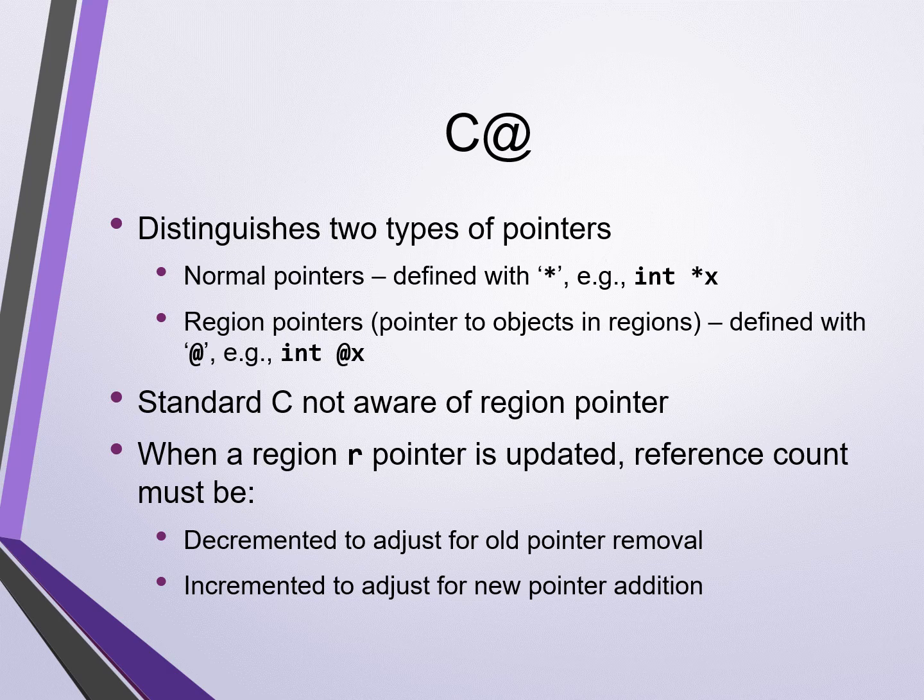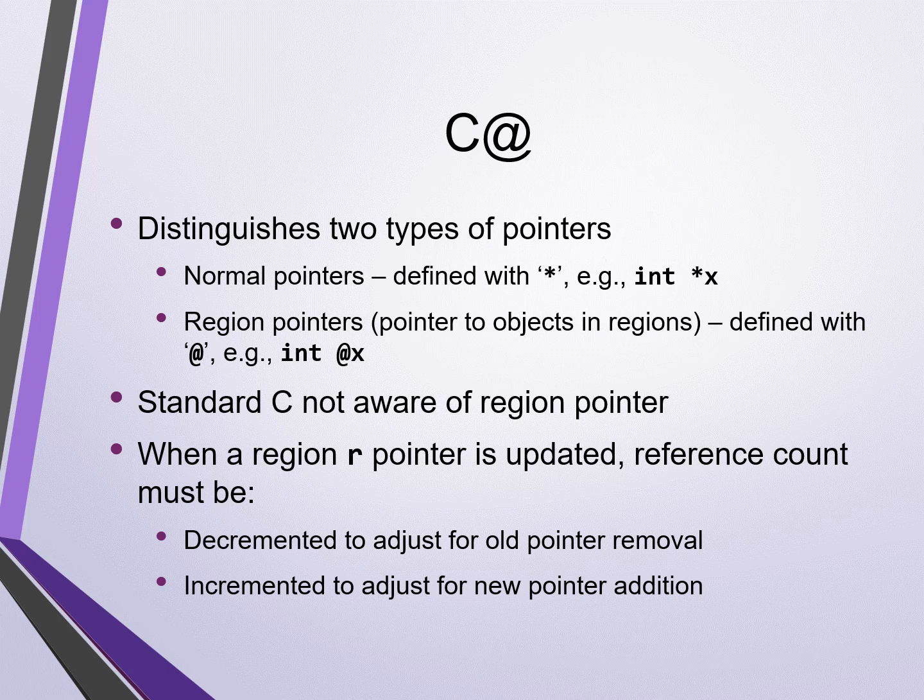In C@, region pointers are defined with the @ symbol instead of asterisks like normal pointers use. For an example, int @x. Region pointers are not defined in standard C, hence the need for C@. Specifically, delete region requires region pointers to count reference pointers.